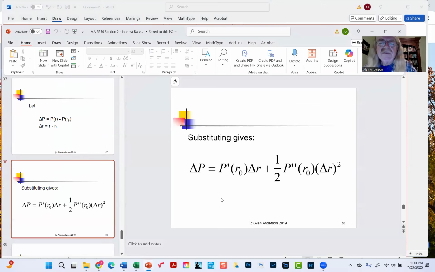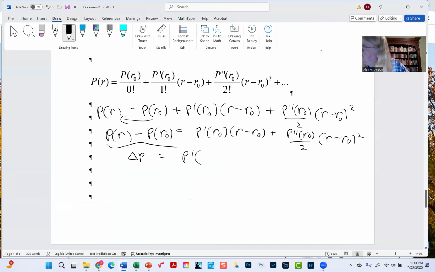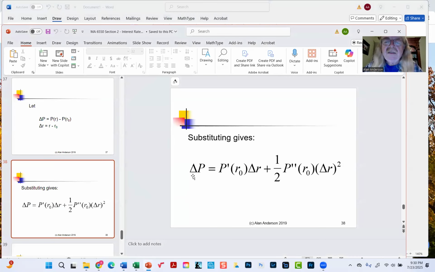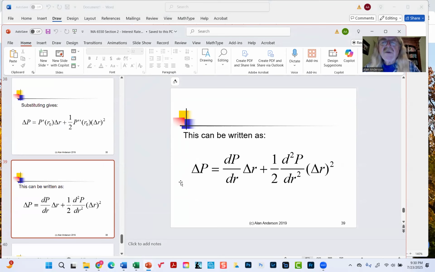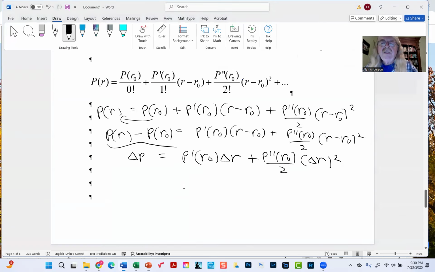So that becomes, first, delta P equals P prime of R0 times delta R. Now we can rewrite P prime as dP dR. Obviously, it's just a notational change.